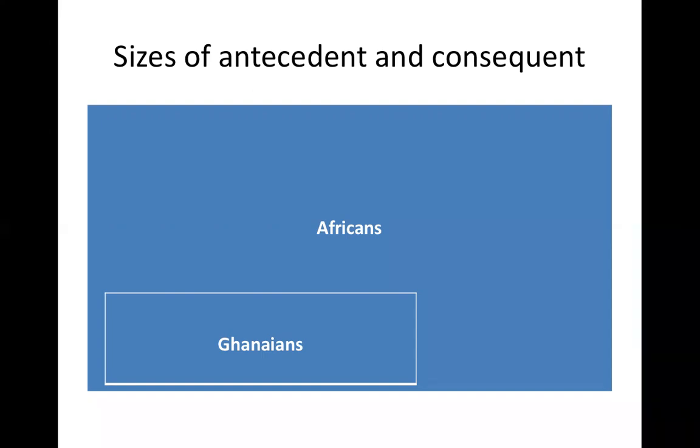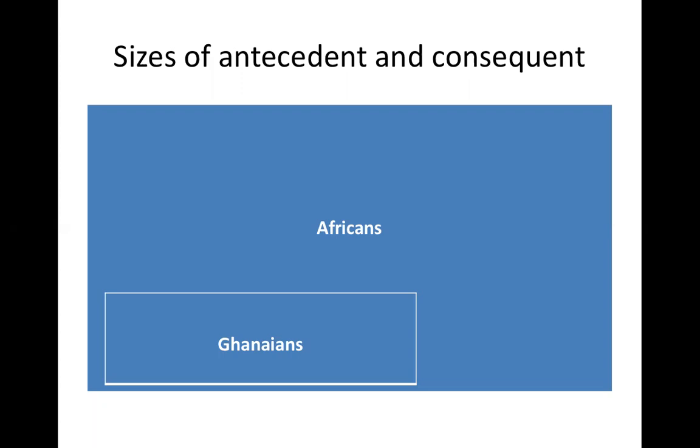If you say that Peter belongs to the smaller box, doesn't it mean that Peter is in the bigger box? So that is why we say it is a valid argument.